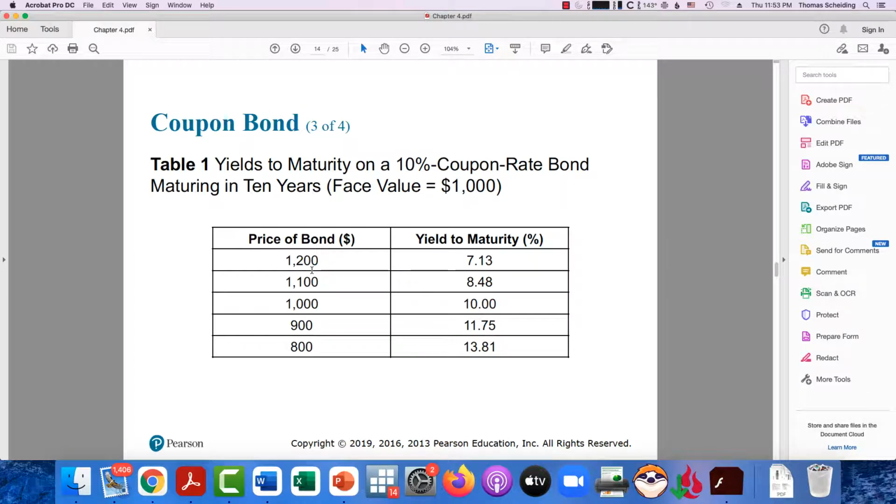And where it's selling basically at a premium, then these yield to maturities are going to be less than the coupon rate. And that's primarily because people are realizing, wow, that's a really good bond you've got there. A 5% bond when the interest rate used to be 1%.